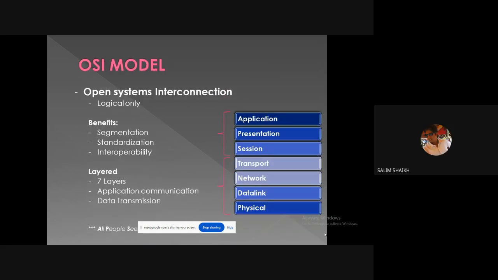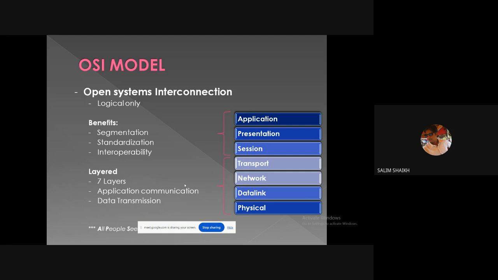So I think this is the slide that I was talking about, and we are on the layering part of it, right? So it has 7 layers, and then logically it is chopped into two sections. The top 3 sections take care of the application communication, and the lower sections are the ones actually responsible for the data transmission. The application, presentation and session layers are the facilitators between the software applications.